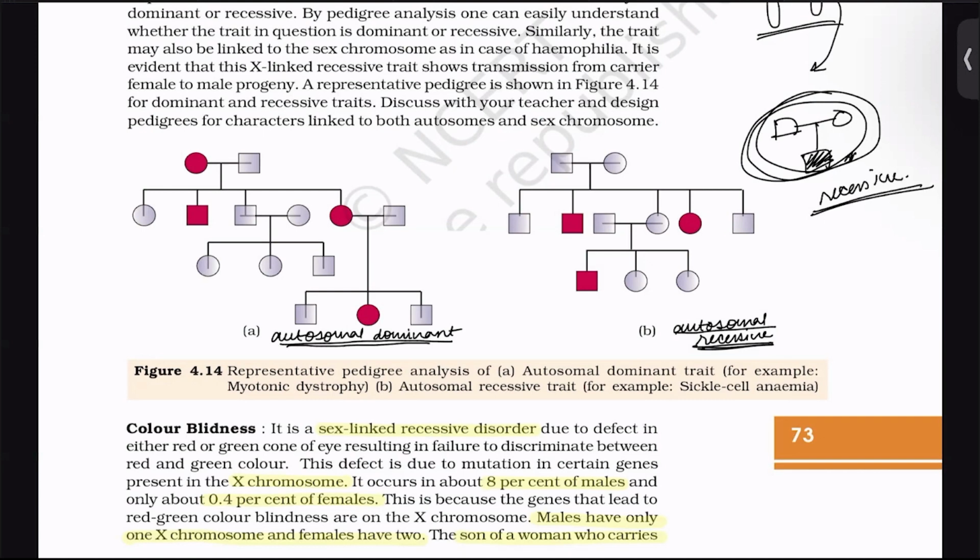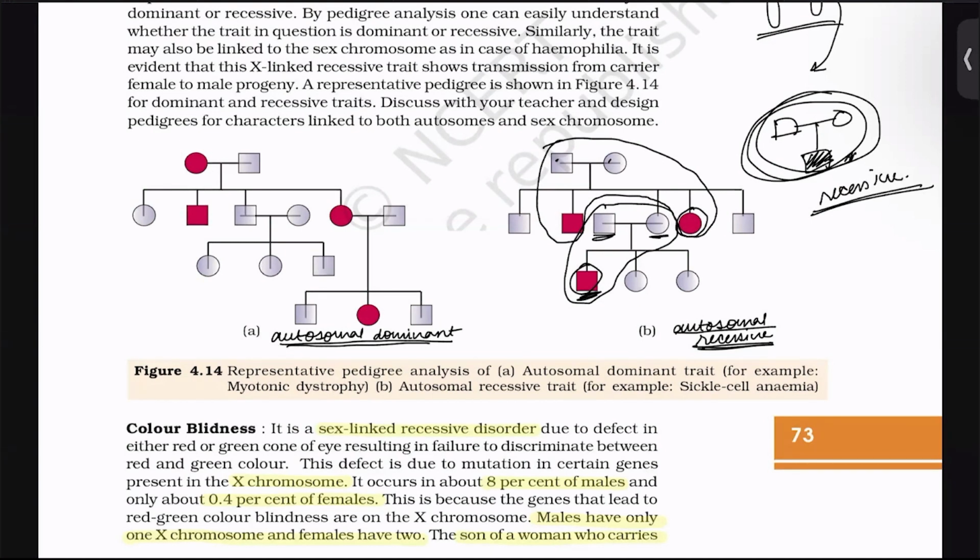And it is an autosomal recessive disease because it is happening in both female and male. Here we can see unaffected parents producing affected children, and this says that it is autosomal recessive.